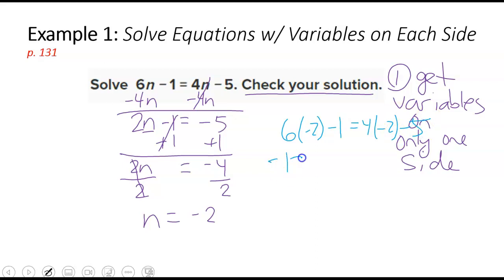So this is negative 12 minus 1, which is negative 13 on the left-hand side. On the right is negative 8 minus 5, which is also negative 13. So these are equal. You can always check your answer by plugging it in.